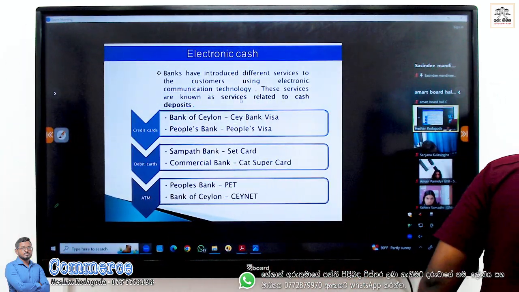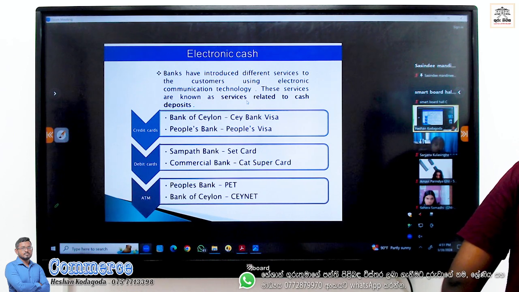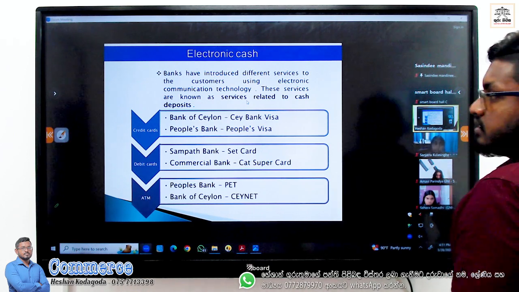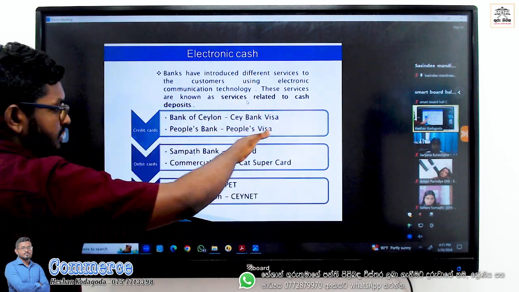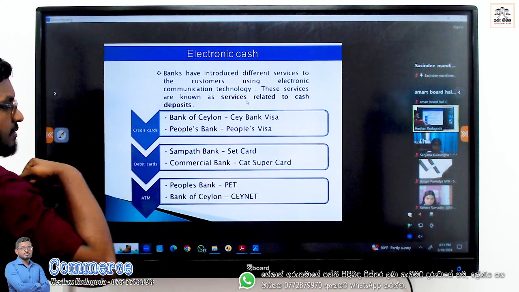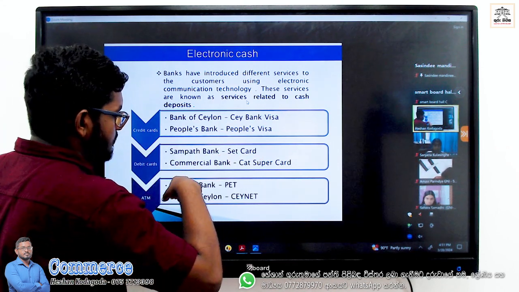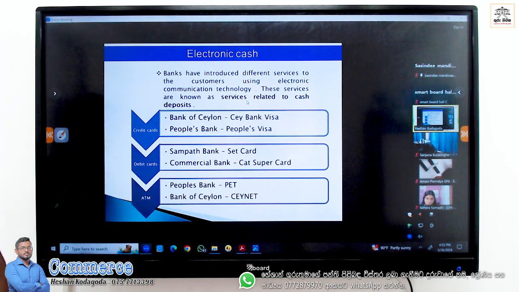Okay. So here you can see the term called services related to electronic cash, and not only that, you can see different examples: Seylan Bank Visa, BOC, People's Visa, People's Bank Set Card, Sampath Bank, Hatton Super Card, Commercial Bank, People's Bank, Bank of Ceylon for ATM, and you can see the different things.